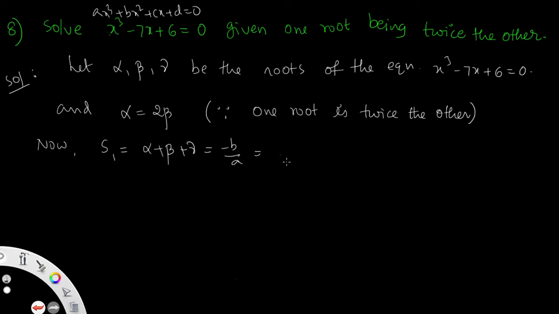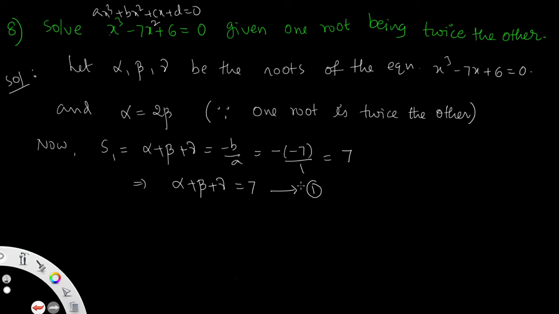Minus b by a gives alpha plus beta plus gamma equal to 7.